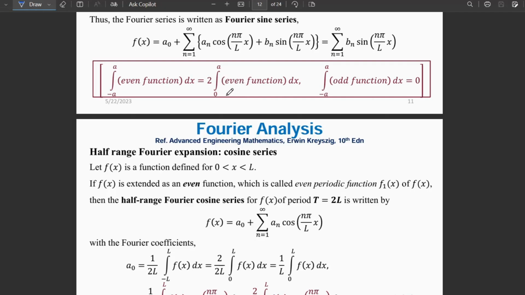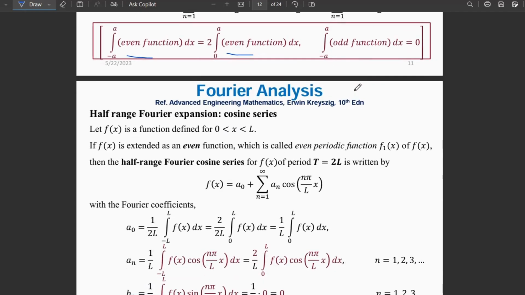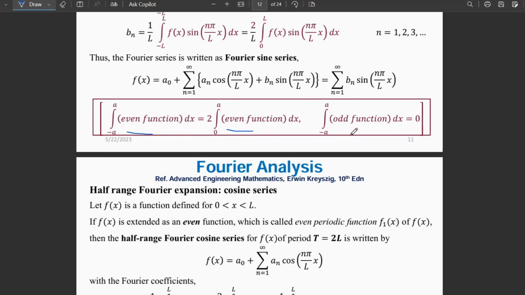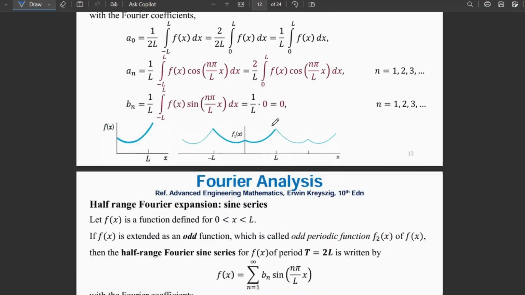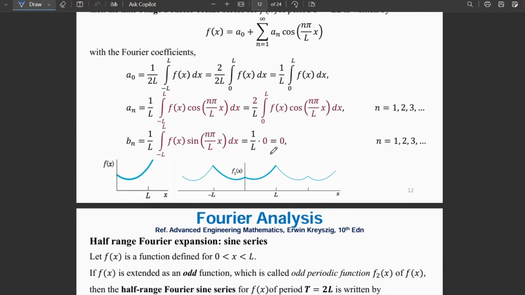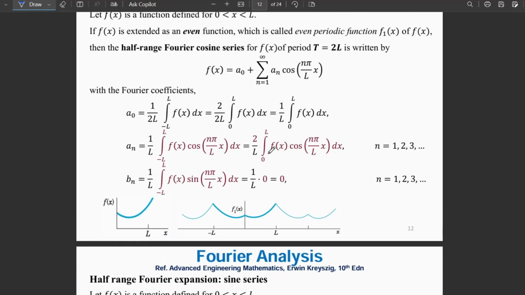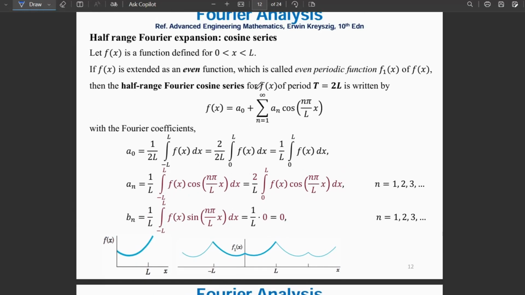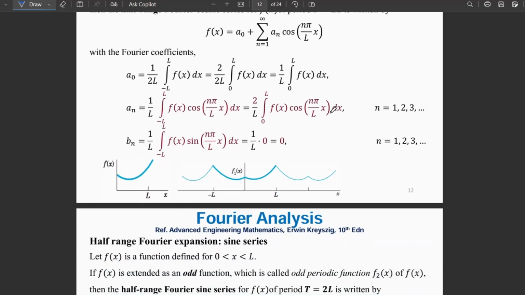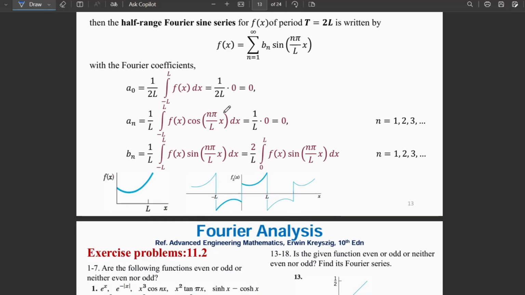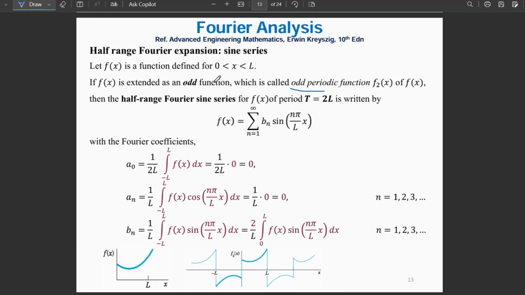So if we calculate the half area, then the result will be the same. Odd function, that's okay. An even function extended is called an even periodic function, or periodic function.